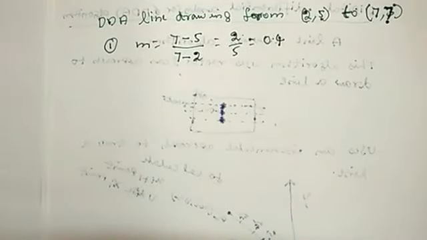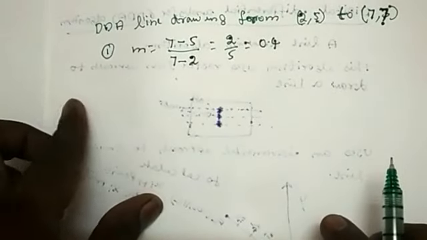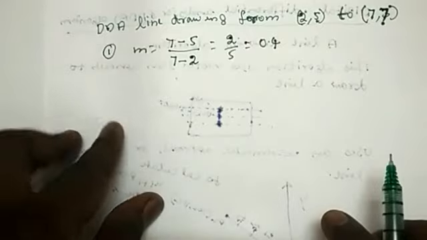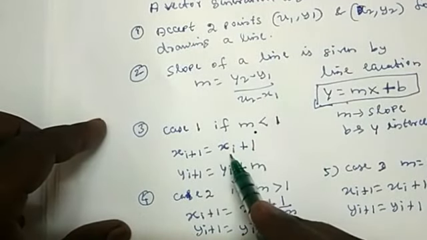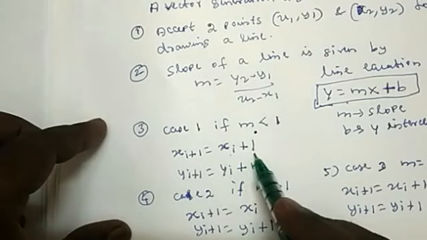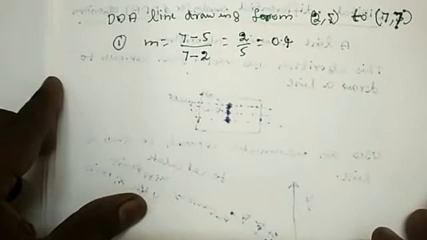Now, the condition stated in the previous lesson is that if the m value is less than 1, then you have to increment the value of xi by 1 and yi by m. We will be applying this formula in the line drawing algorithm.